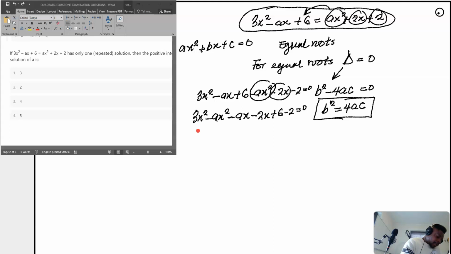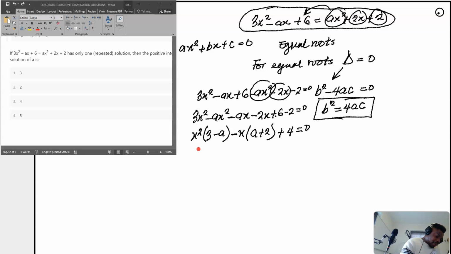Here, x squared is common, so this is what we have, 3 minus a. Okay, minus here, x also is common there, so I bring x, so this is a plus 2. So plus 6 minus 2, that is plus 4, is equal to 0.